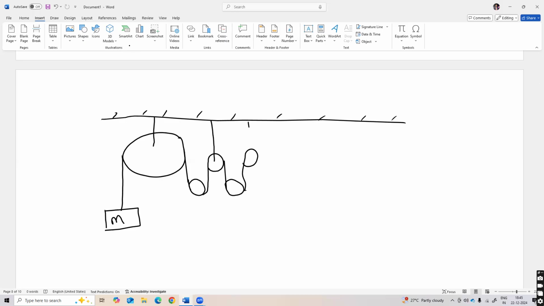There is one more pulley here, and here we have some other body.